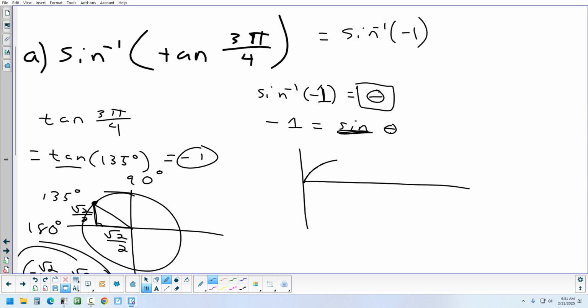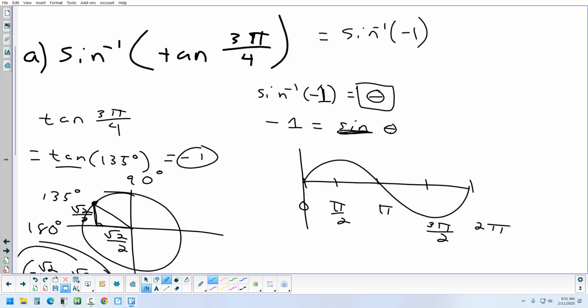Here's your sine function. 0. Let's mark all these points. Pi over 2, pi, 3 pi over 2, 2 pi. So what angle in that picture could you take the sine of, and the answer comes out to -1? 3 pi over 2.